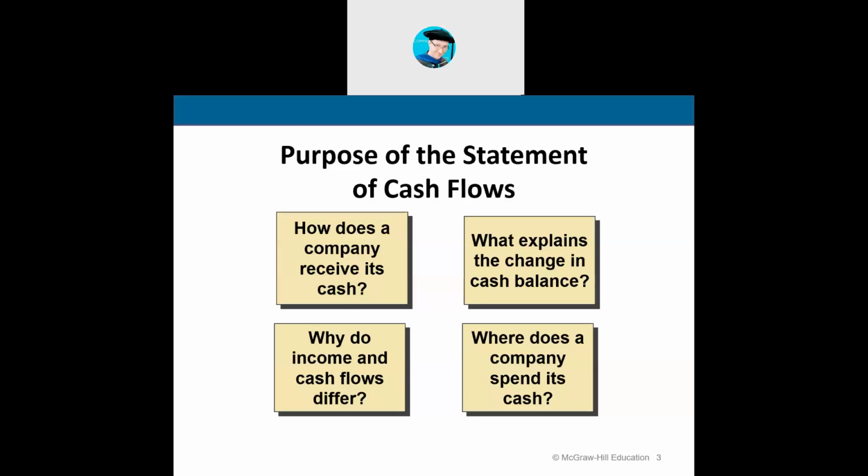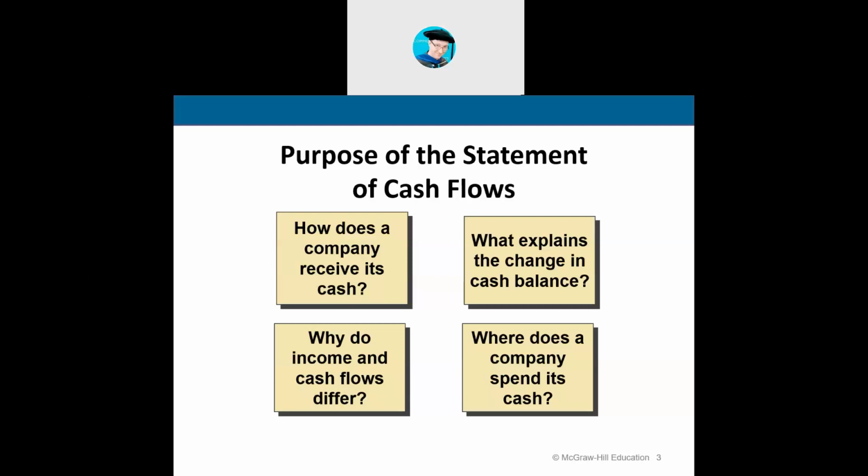So when you hear operating activities, think day-to-day operations of the business. We receive cash from our customers from the sale of goods and services, whether we receive it at the time the good or service is delivered or as a form of accounts receivable later on. That's cash coming into the business. That's cash inflow.